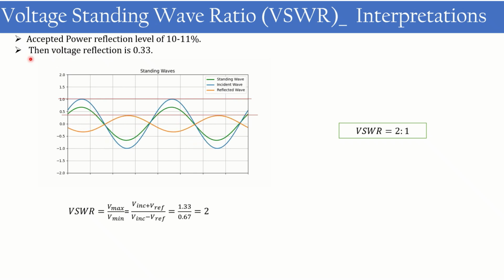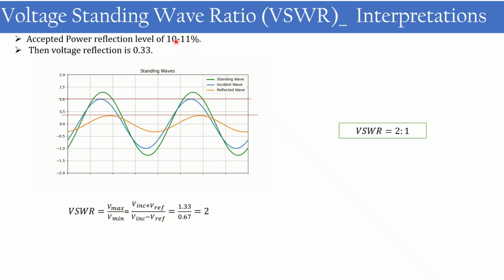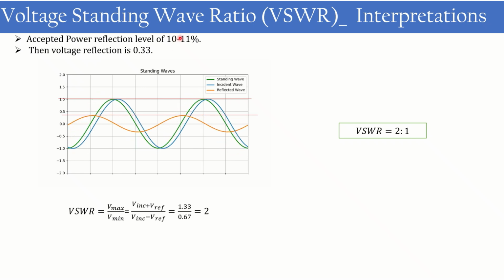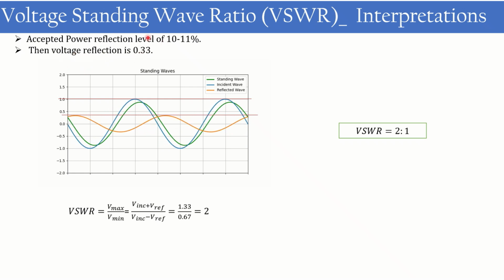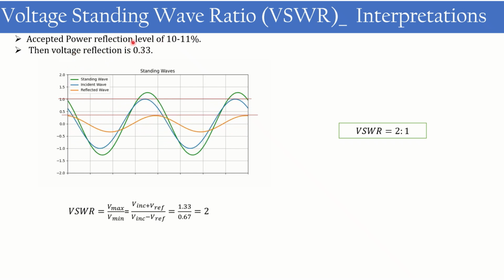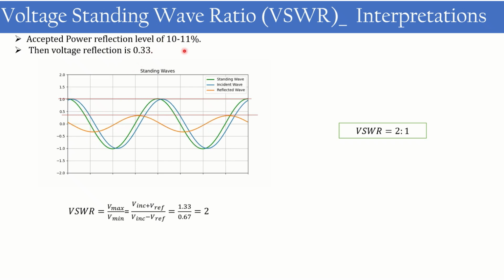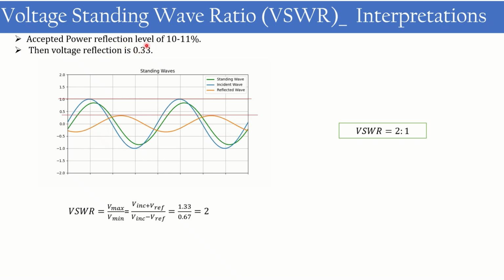So in most industries, the accepted power reflection level is 10 to 11 percent. So we know that power is related to the square of the voltage. So this will be correlated to a voltage reflection of 0.33. You can calculate that by taking the square root of 0.1, and you will get that the voltage reflection allowed is 0.33.